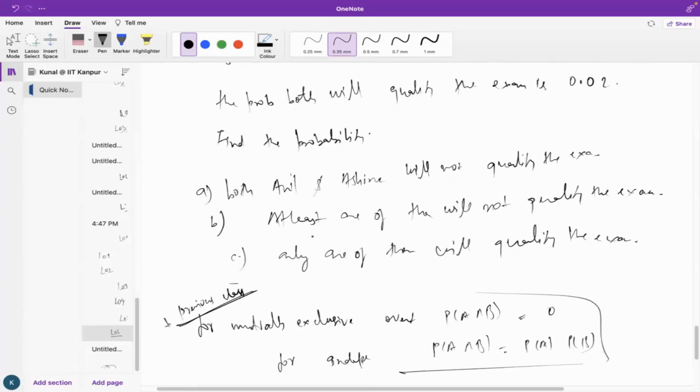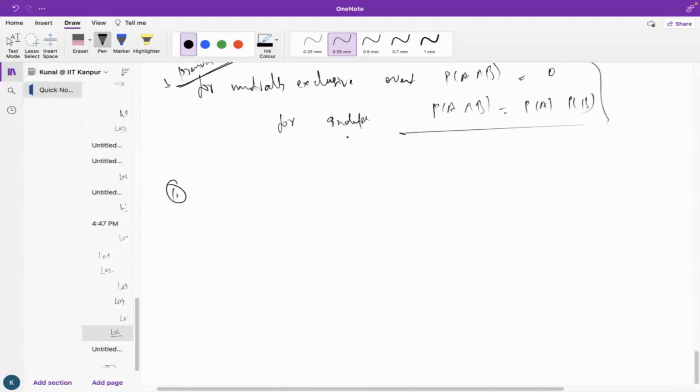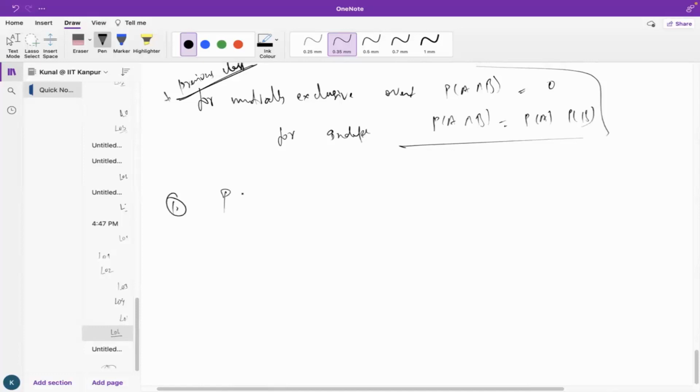Okay, so what is given actually? Two students are given, so there will be the probability that Anil will qualify the exam. Probability of Anil A, let me write it here. So it will be 0.05, मतलब pass होने की. And probability of Asima, let me write it here, AS, is what?